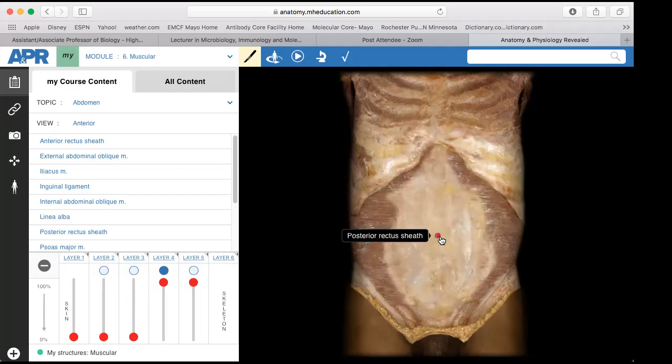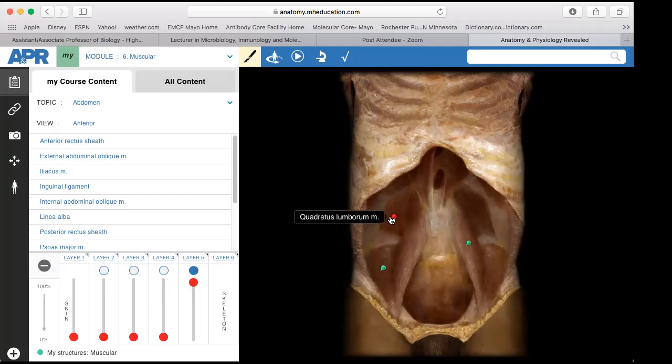So rectus sheath, posterior rectus, then transverse abdominis. As you can see, the orientation has changed, so there is no way you can mistake this. The oblique will be slanting, the rectus will be vertical, as you saw earlier, and the transverse will be horizontal orientation of the muscle. So that is your transverse abdominis muscle.